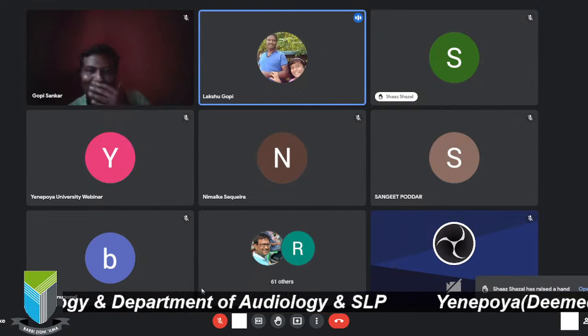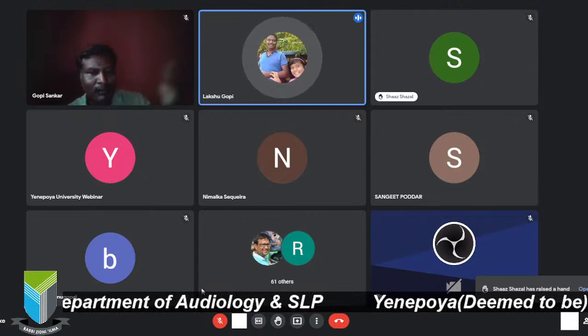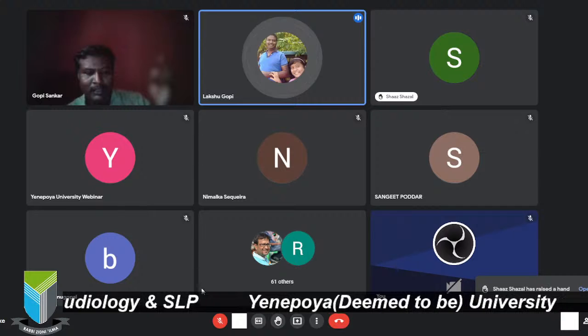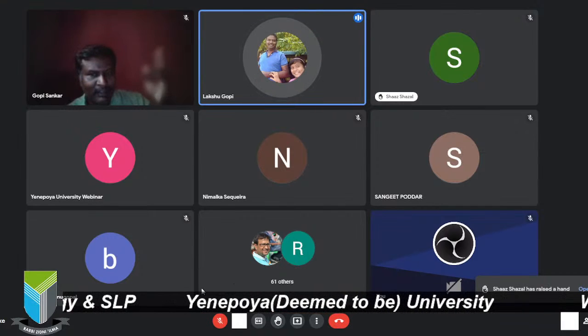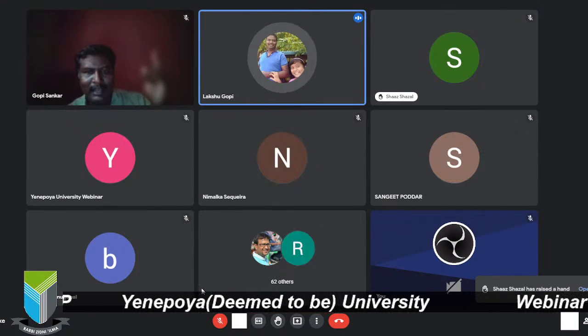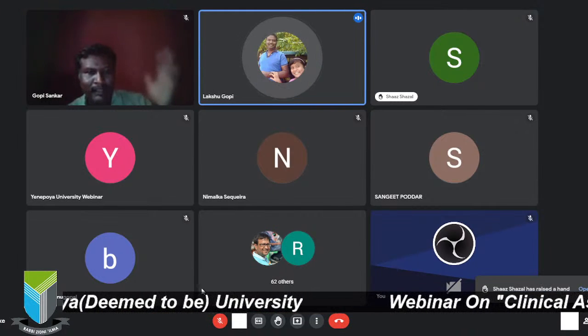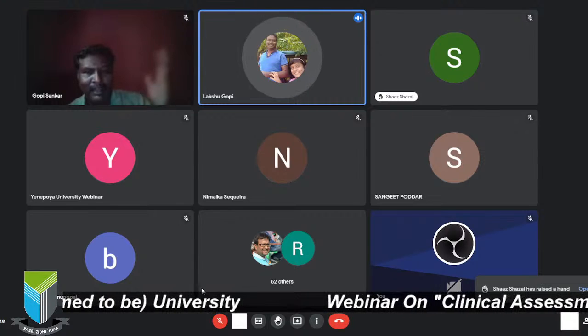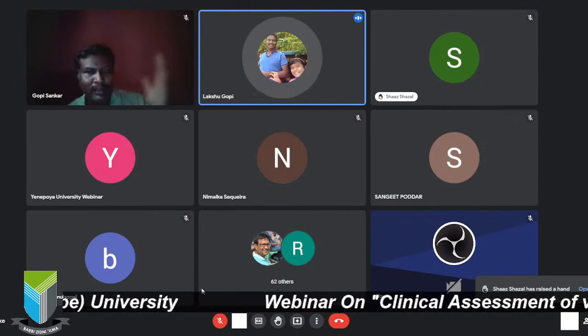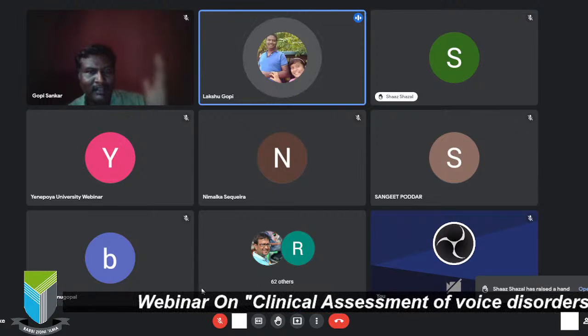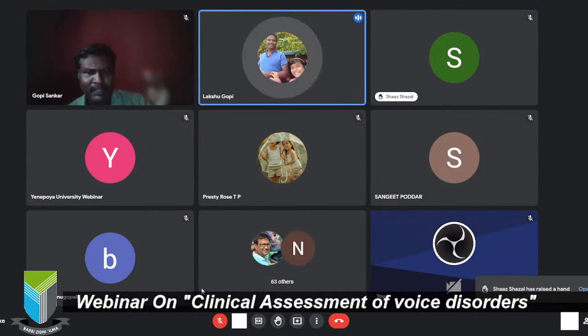So when you go for a test battery approach, you start off with your case history. Then you go for your perceptual analysis. You should never forget perceptual analysis when you are doing voice analysis, either using GRBAS, CAPE-V, whatever is available. All are freely available, so you can choose based on your time and interest.